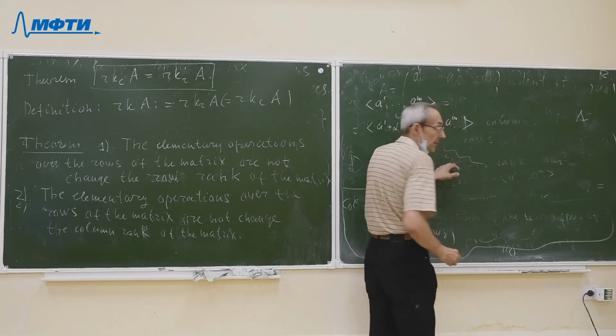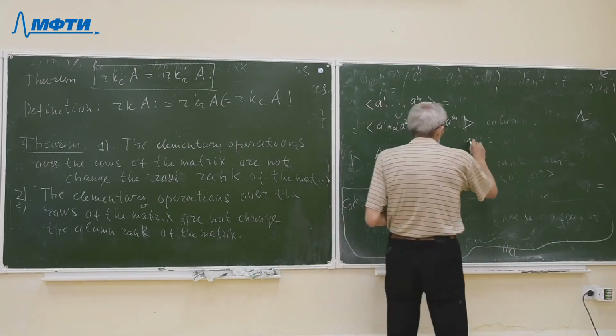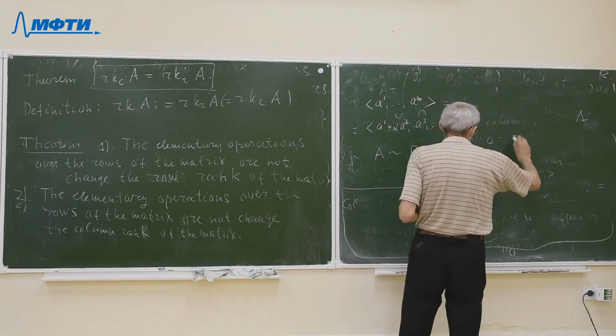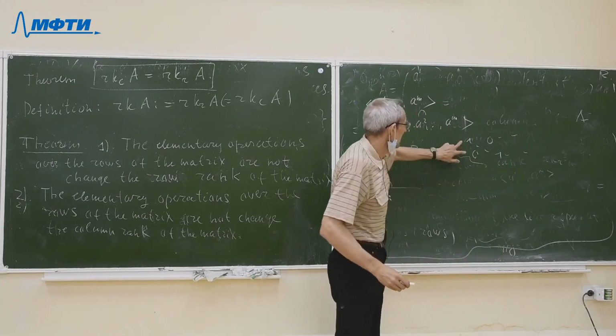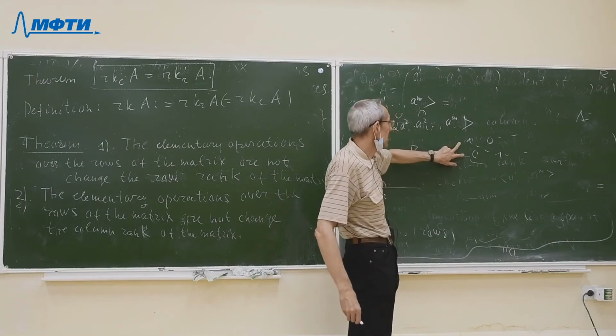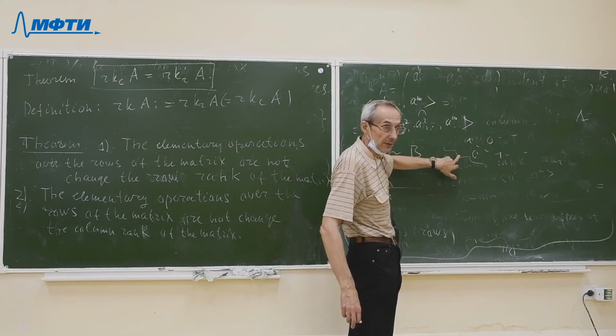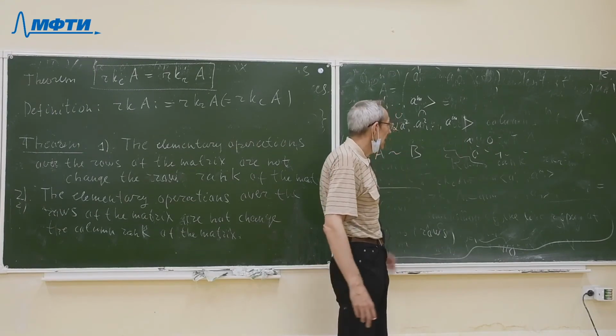We have zeros and units on the diagonal. A linear combination of these rows can be equal to 0 only if all coefficients are equal to 0. It's quite evident.